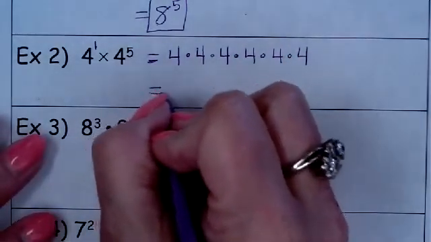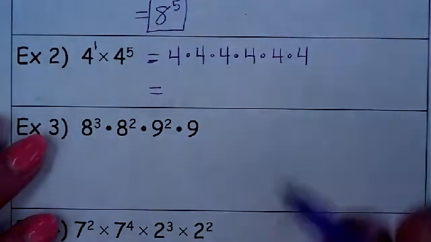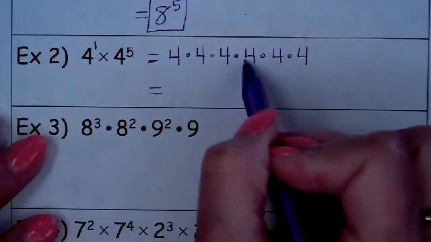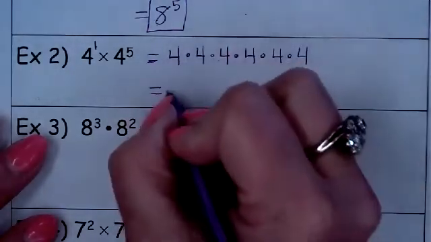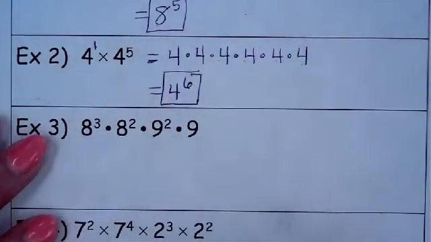And then once we expand it all out, we're going to count up how many 4s altogether we have that we're multiplying so we can find our new exponent for our answer. So I've got 1, 2, 3, 4, 5, 6. So that would be 4 to the 6th power. And that's my final answer.